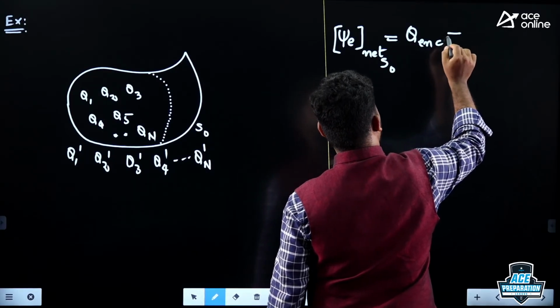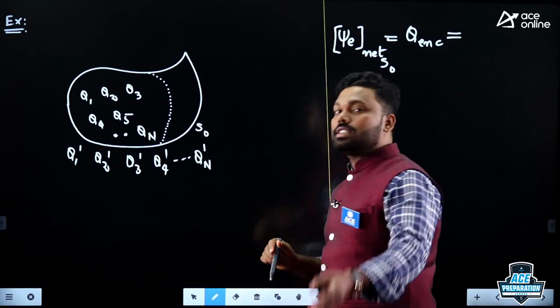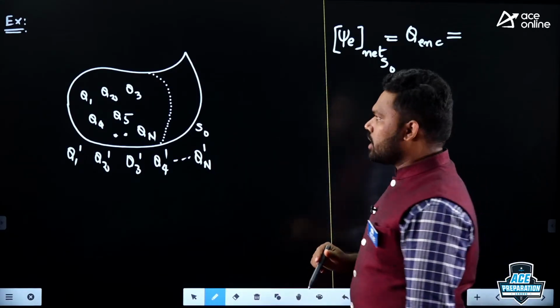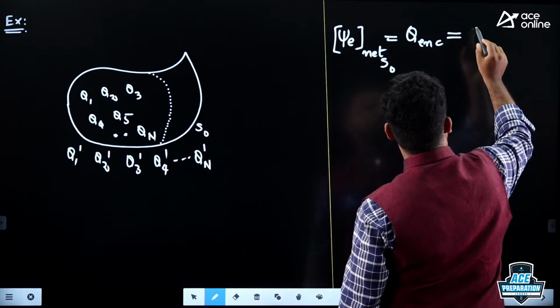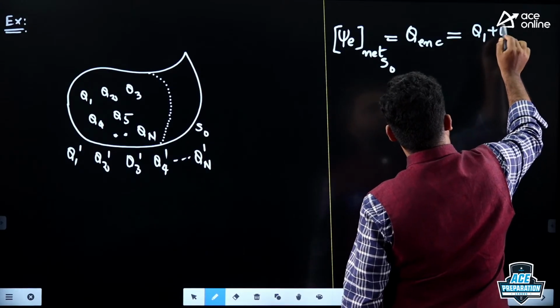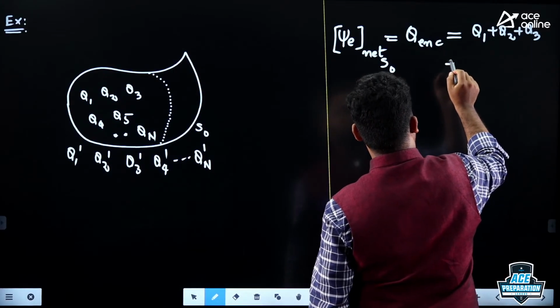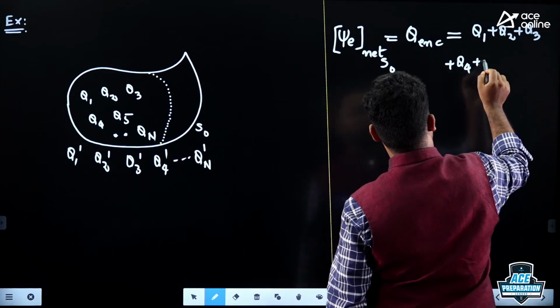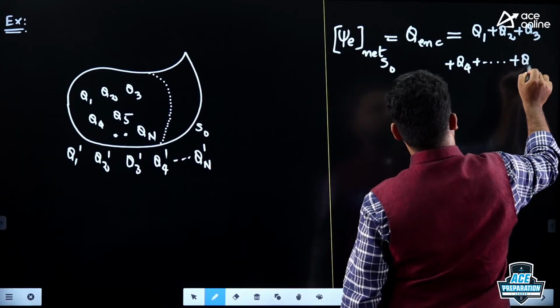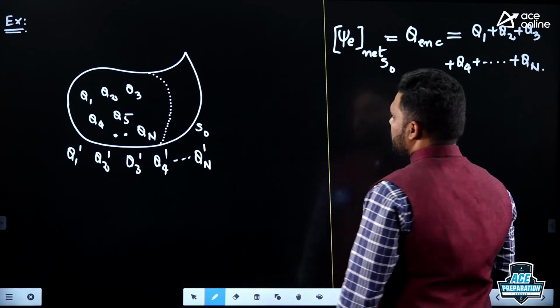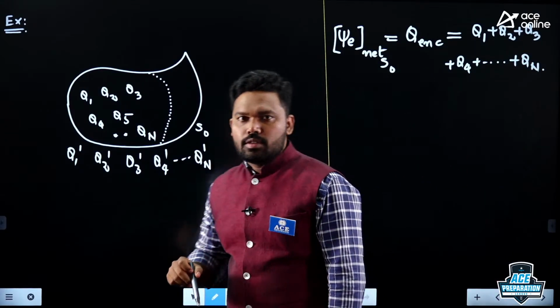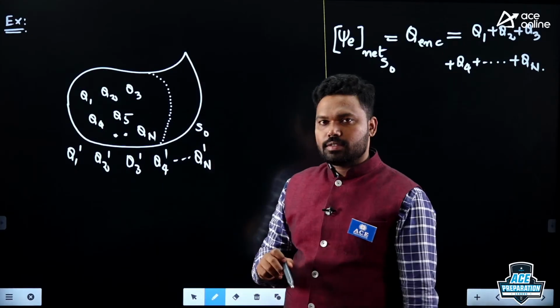What is the charge enclosed? Enclosed means the charge which is inside. So what is the charge inside? It is Q1 plus Q2 plus Q3 plus Q4 up to Qn. So this is the charge which is enclosed by the S0 surface.